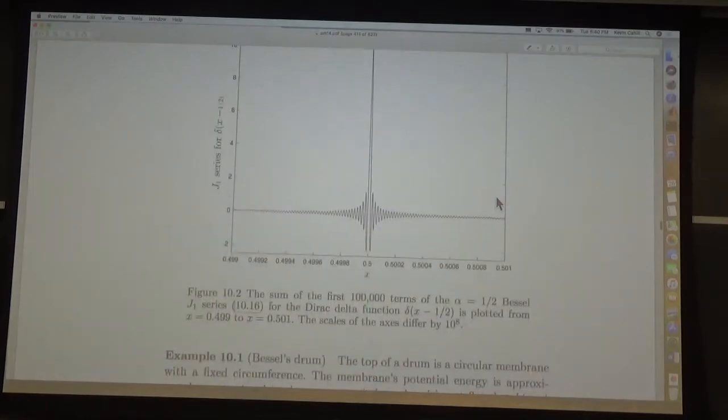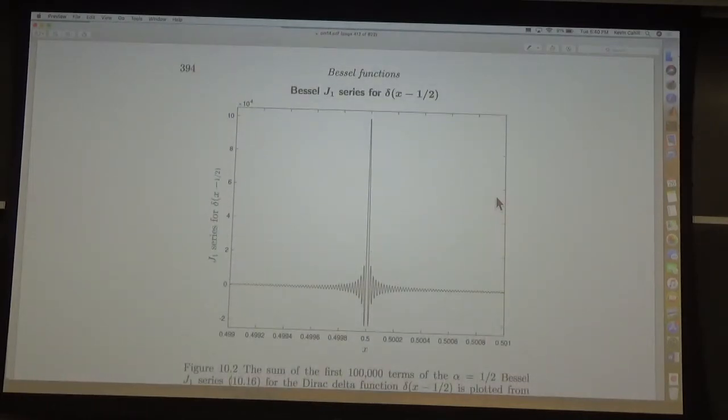I think I may have used both methods. Anyway, I computed this for J1. In an earlier chapter, I did a similar series based on J0.